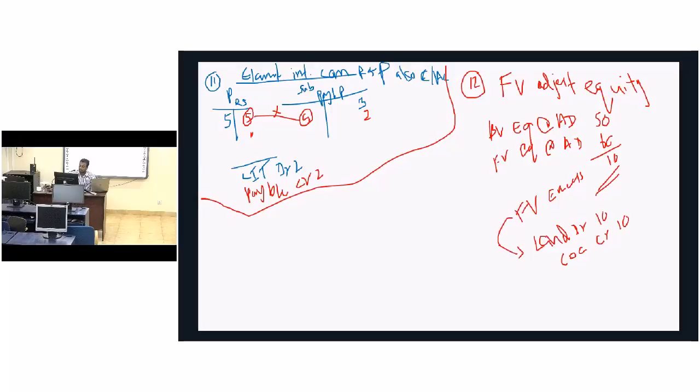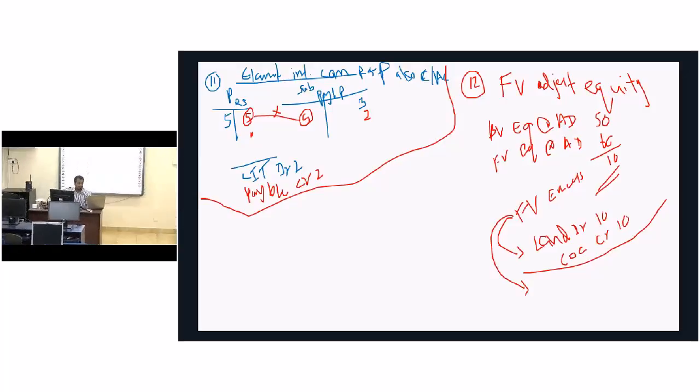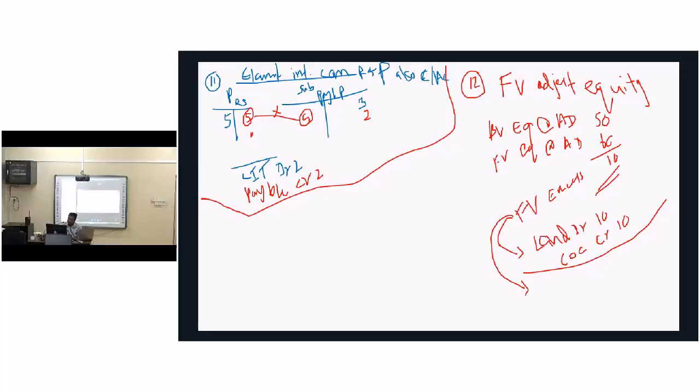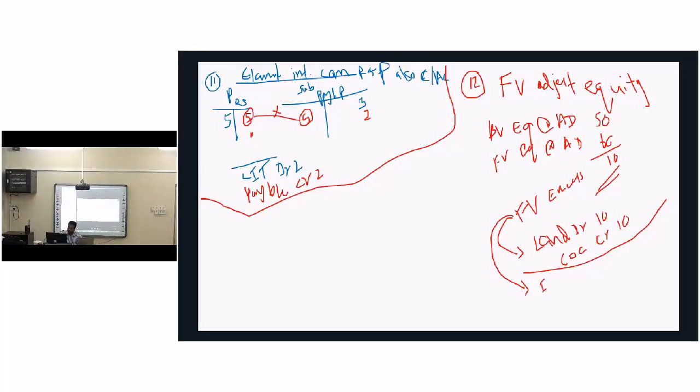Let's say it is due to another reason, inventory overvaluation. Then inventory account debit, that means group inventory debit, and cost of control credit.